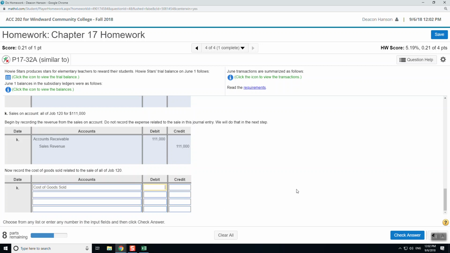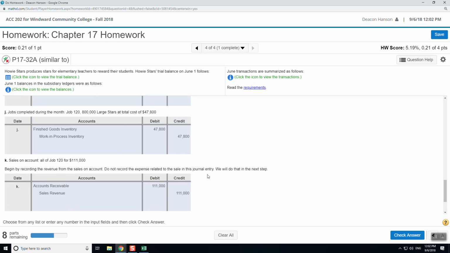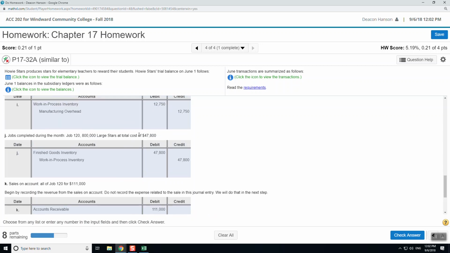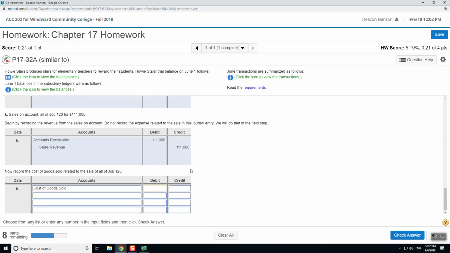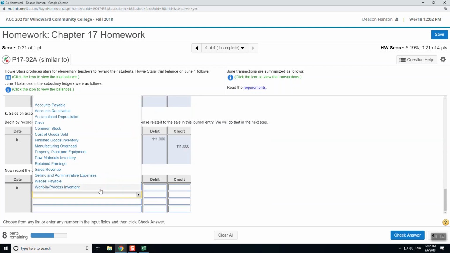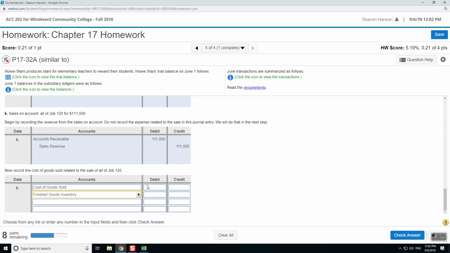So job 120 was sitting in the finished goods inventory account. Finished goods inventory is an asset, and the total cost of job 120 was 47,800. So notice it's sitting there as an asset, debit balance, 47,800. We're going to remove the 47,800 from finished goods inventory.